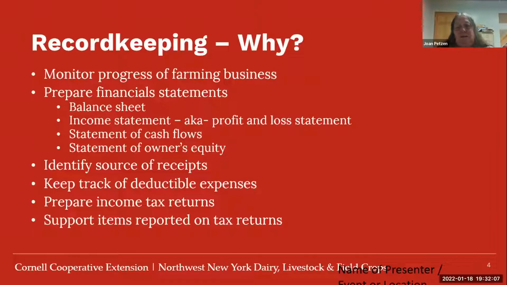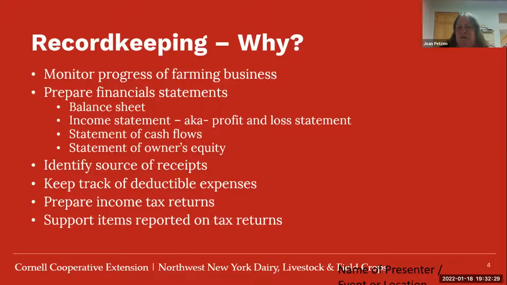So why keep records? There are a number of reasons to keep records. One is to monitor the progress of your farm business. Another is to be able to prepare financial statements like your balance sheet, your income statement, or profit and loss statement as it is sometimes called, to create a statement of cash flows or a statement of owner's equity.